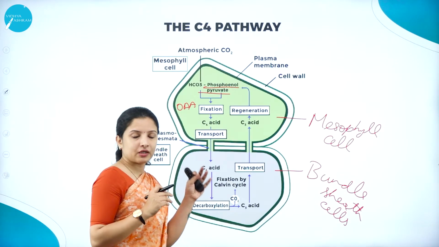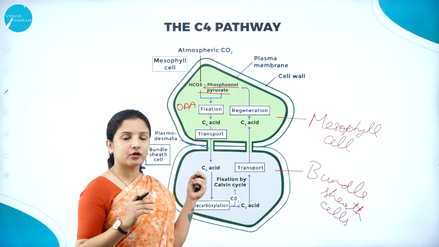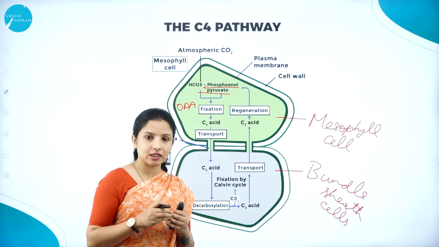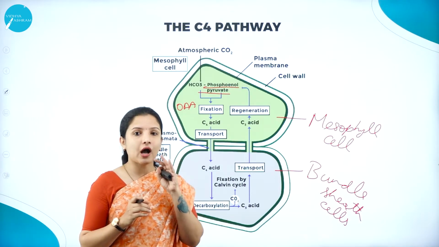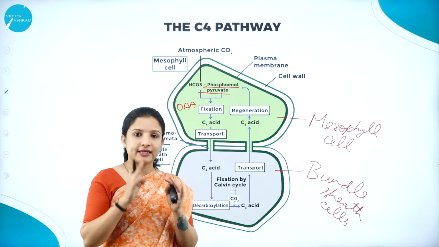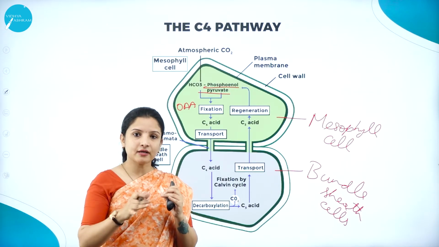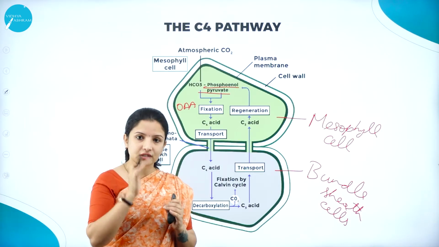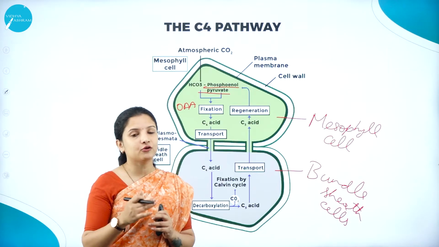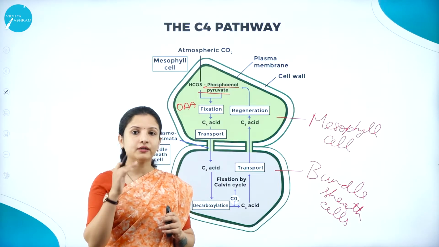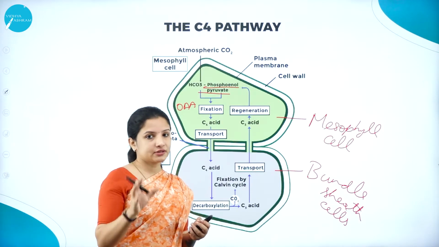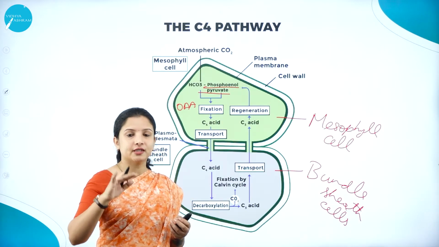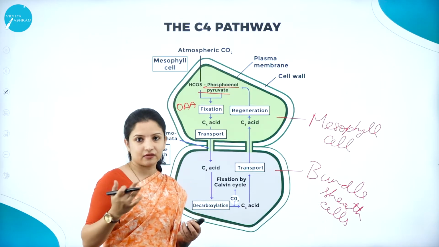Remember, in the case of the Calvin cycle, the carbon dioxide was taken in by RuBP with the help of the enzyme Rubisco, and that unstable 6 carbon compound was converted into a 3 carbon compound, 3-phosphoglycerate, which was stable and later utilized in the Calvin cycle.